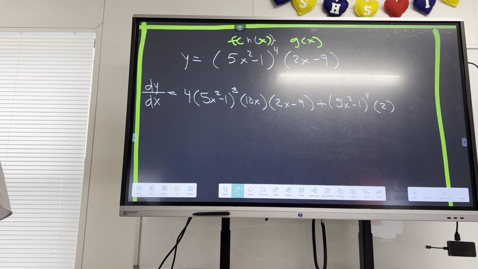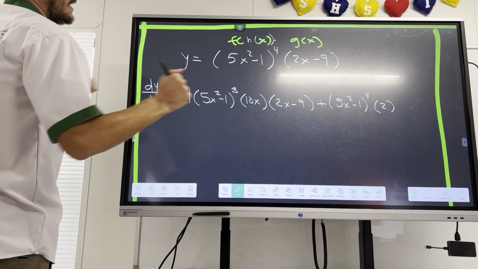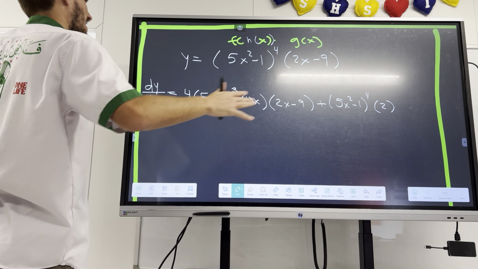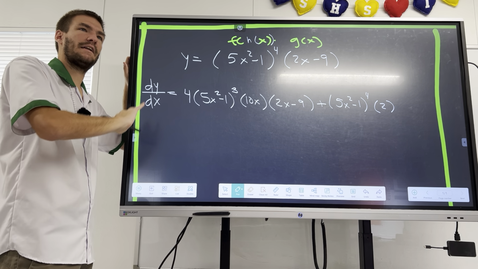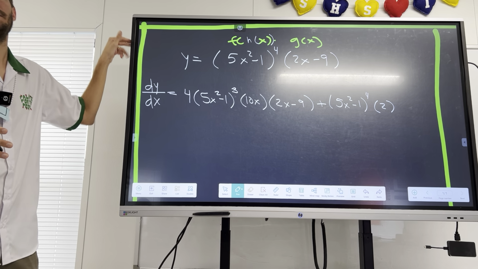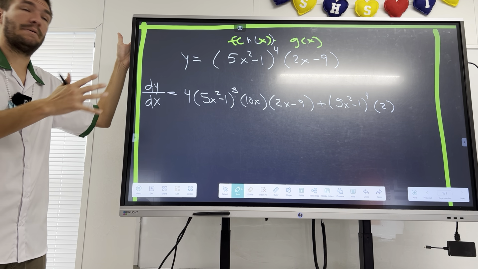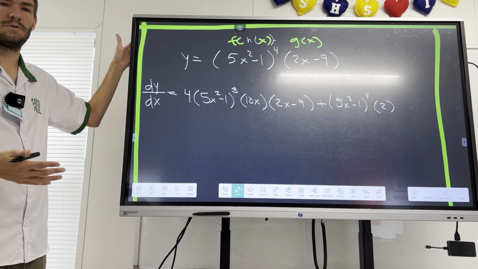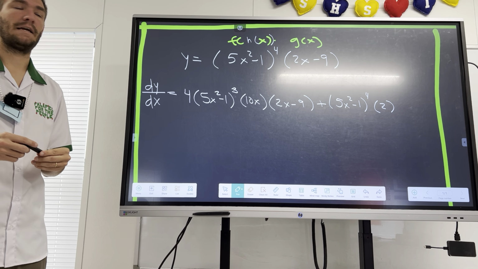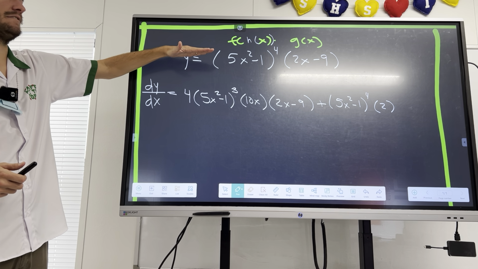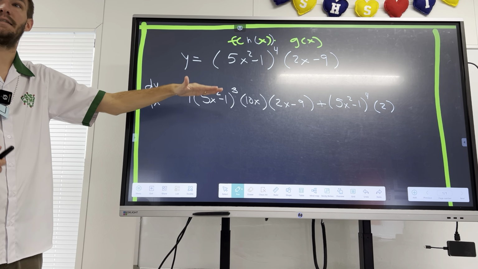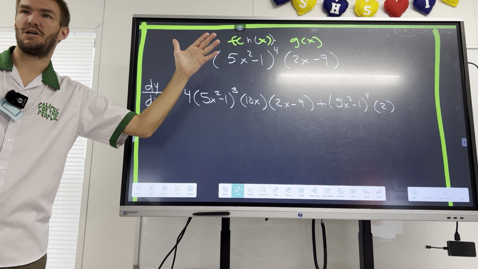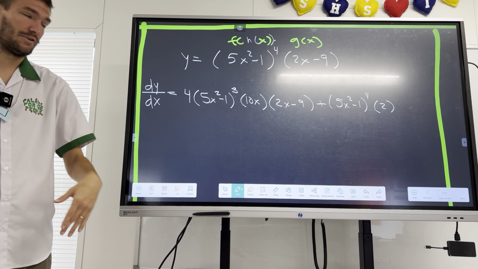The thing to look out for when you do these product rules is you're gonna end up with some stuff on the left and some stuff on the right, and they're all kind of made of the same stuff, which means they're gonna have a lot of similarities between the left side and the right side. If you need to simplify beyond this, if you need this to look a little bit nicer, maybe the instructions tell you, sometimes you'll see a question that will say, prove that the derivative of y is blank, which basically means make sure you get far enough to match up your derivative to the derivative they've already given you.